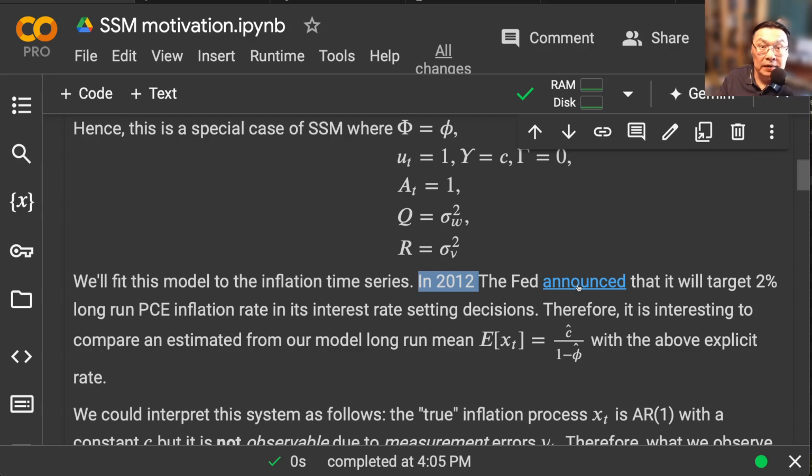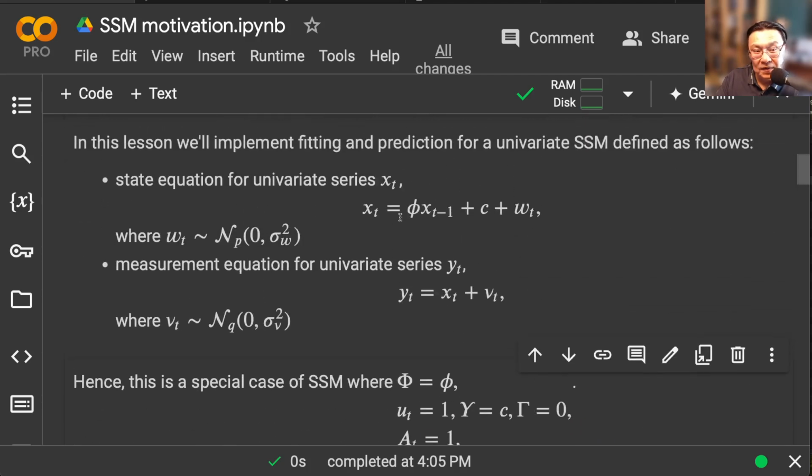They kept quiet about it, so we could only imagine what it was, and economists would guess that it's probably 2%, and a lot of people, quote unquote, knew that it is 2%, but nevertheless it wasn't explicit, and that's why I know there is a 2% target, and I'm going to fit this model.